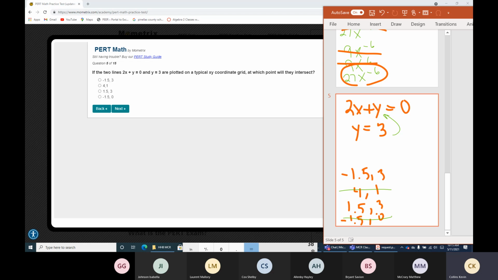Because what you do is you'd say, okay, I'm going to do 2x plus 3 equals 0, right? We move to the other side, you get 2x, subtract 3 off of both sides equals negative 3. And then we divide by 2. So x equals minus 3 halves, which is the same as saying minus 1.5.